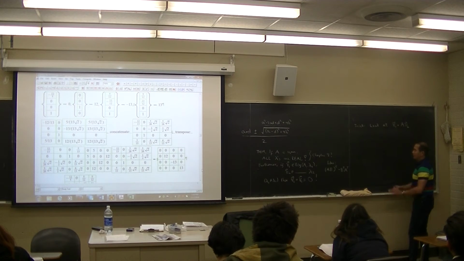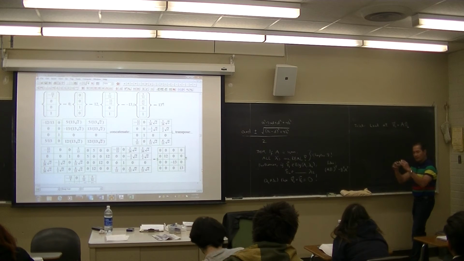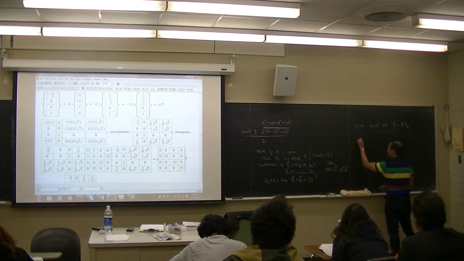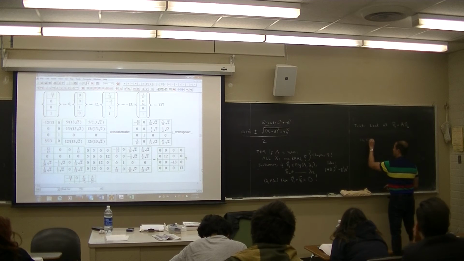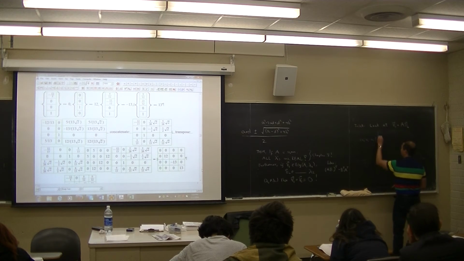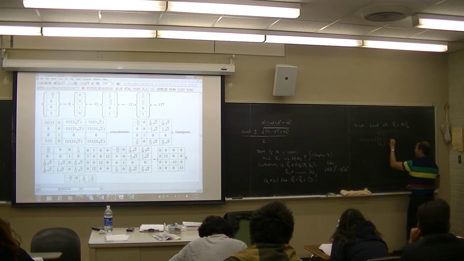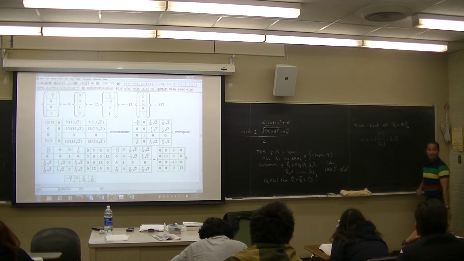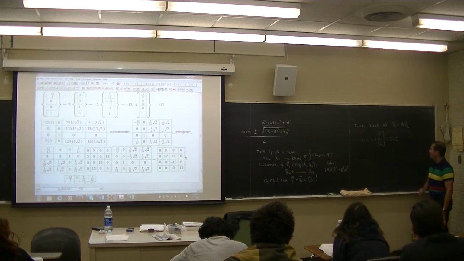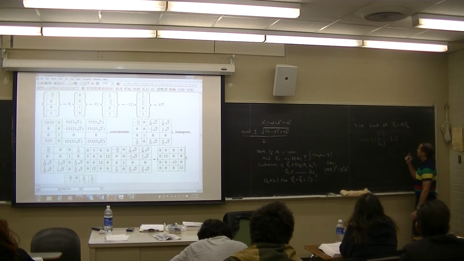When you multiply two vectors, one as a row and one as a column, you're basically taking a dot product, right? So if you have a1, a2, a3, multiplied by b1, b2, b3, you get a1 b1 plus a2 b2 plus a3 b3. That's a dot product. So here's what we're going to do.